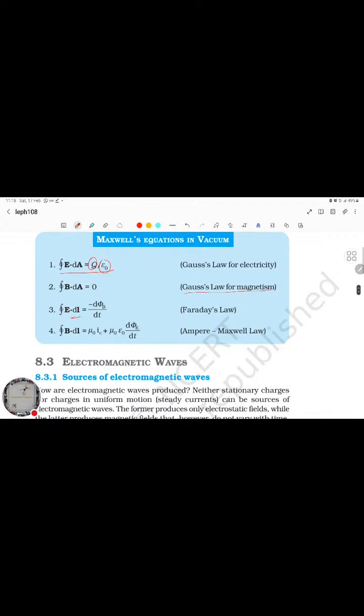And if I'm doing a line integral, the line integral of electric field around a closed loop is going to be the negative derivative of the change in magnetic flux, that is, the amount of EMF induced in a loop is the rate of change of magnetic flux. That is Faraday's law.